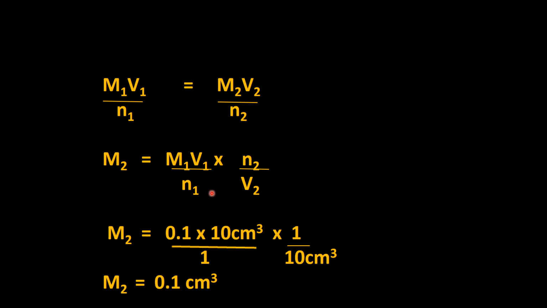Then the number of moles for the acid is 1. Then N2, the number of moles of base, is again 1. And V2, the volume of sodium hydroxide solution, which we have taken in the flask with the help of the pipette, is 10 centimeter cube. So we get the molarity 0.1, which is the molarity of the sodium hydroxide solution.